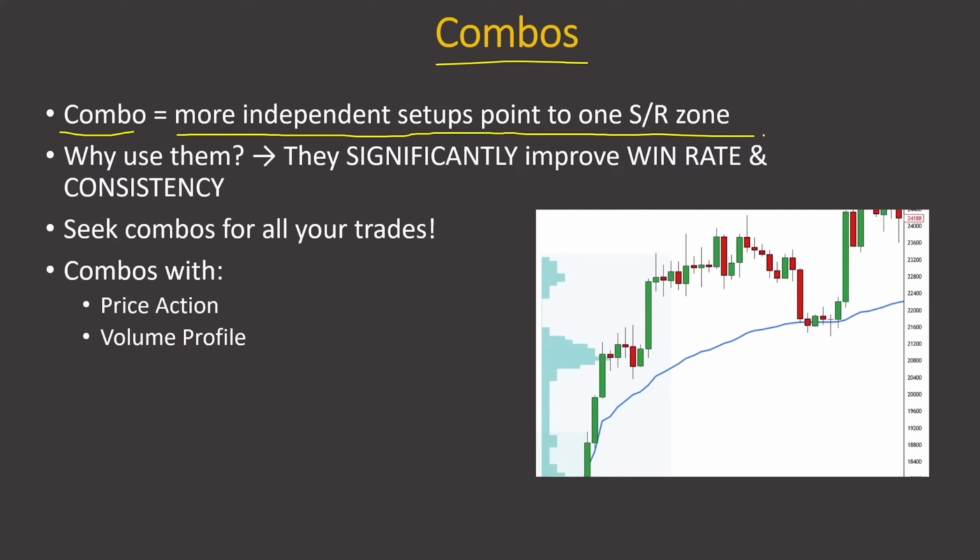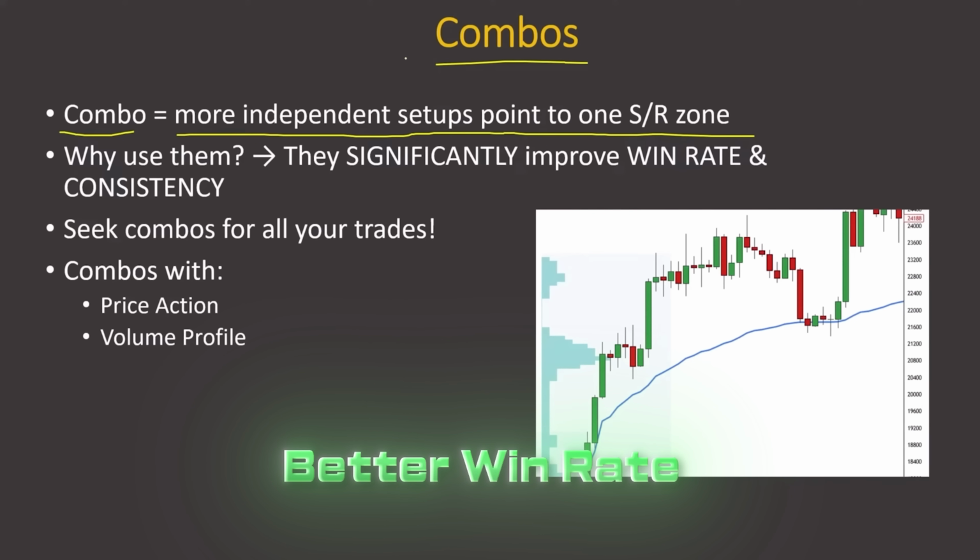So far we've covered some simple VWAP setups, which are solely based on VWAP, and those tend to give good results. However, those are relatively simple, right? And they may not always produce consistent results. But if you want consistency and a better win rate here, you want to use those combos.